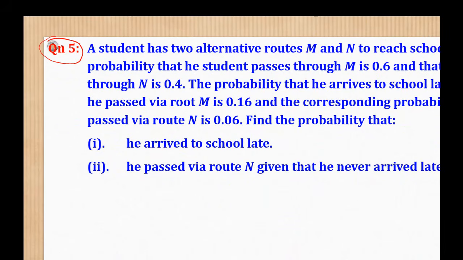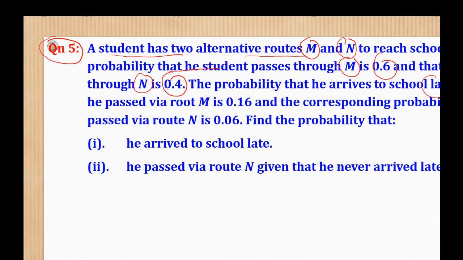Then question 5. Question 5 says, a student has two alternative routes M and N to reach school. The probability that he passes through M is 0.6 and that he passes through N is 0.4. The probability that he arrives at school late, given, you see that word? Given.